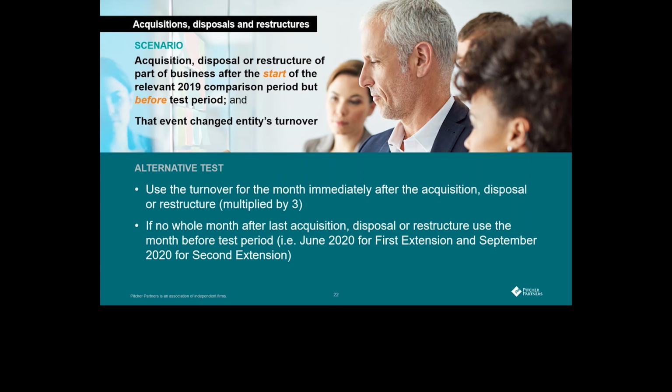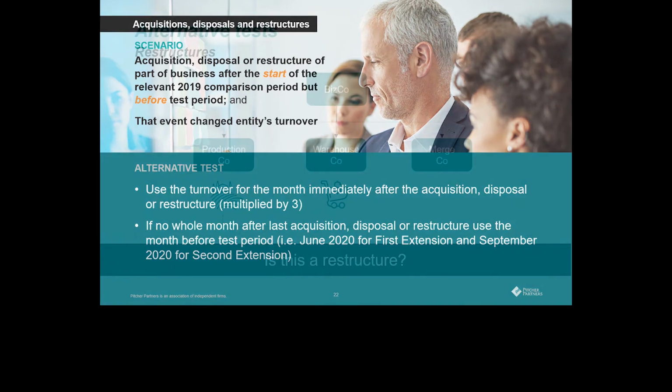If there's a transaction that happened in June, we can't pick up the whole month after June, because then we're using a comparison period against the test period when there's an overlap. So you can actually use the month in which the transaction occurred if there's no whole month between the transaction and the test period. And we'll go through some examples of these.